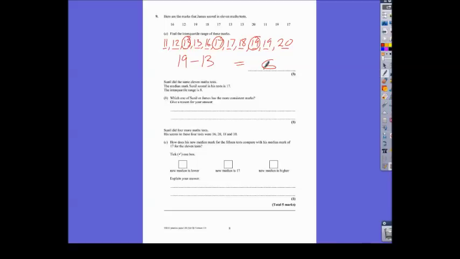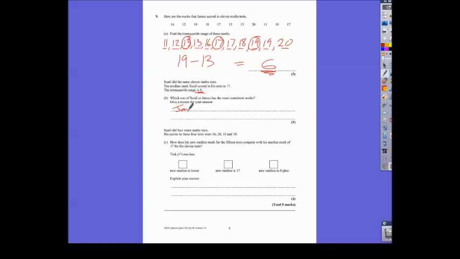Sunil did the same 11 maths tests. The median mark Sunil scored was 17 and the interquartile range is 8. Which one of Sunil or James has the most consistent marks? Well, consistency is talking about range. So if you've got a smaller range, you've got more consistency in your marks. So Sunil has an interquartile range of 8 and James is 6.